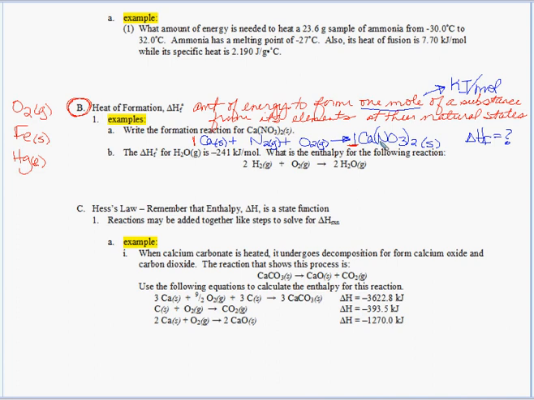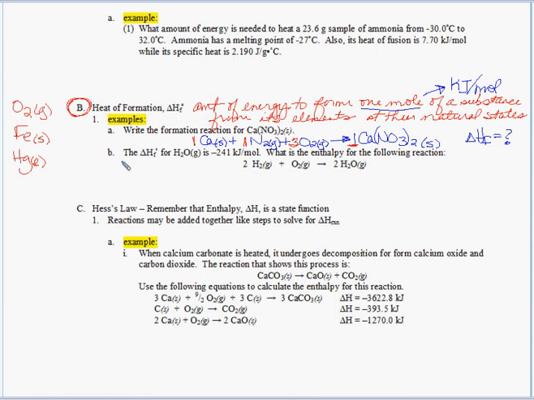We have nitrogen, we need 2 of them, so we're only going to need 1 molecule of the element. And for oxygen, we have 6 atoms, which means we're only going to need 3 molecules of the oxygen. We didn't need to use any halves in this case, but again, remember, you can if you need to.